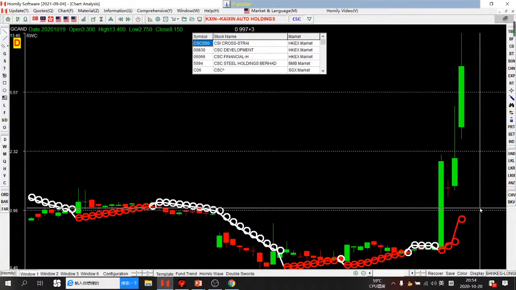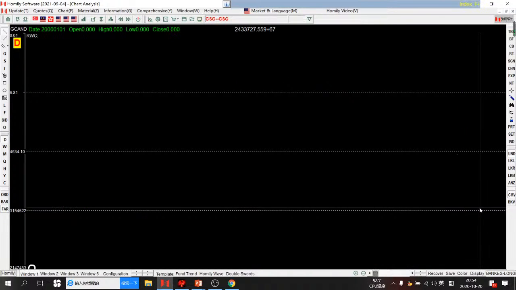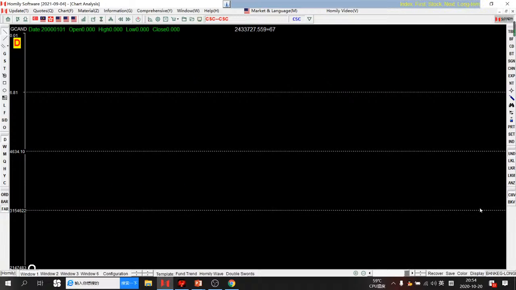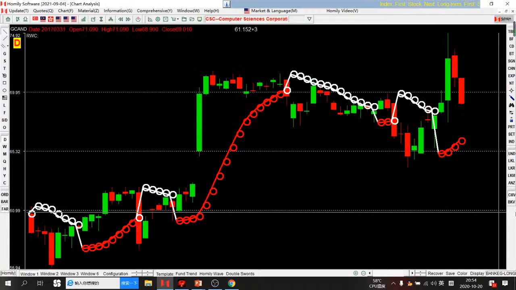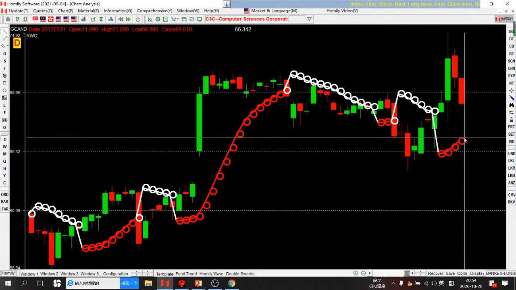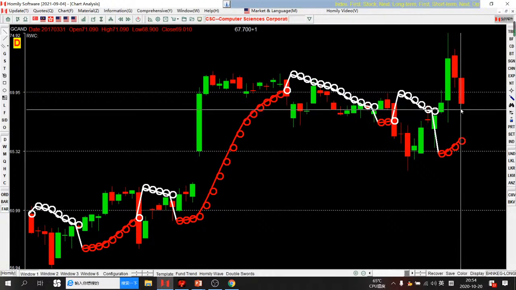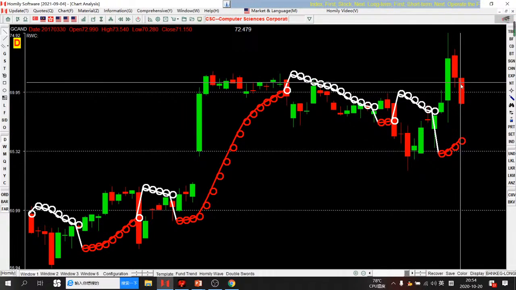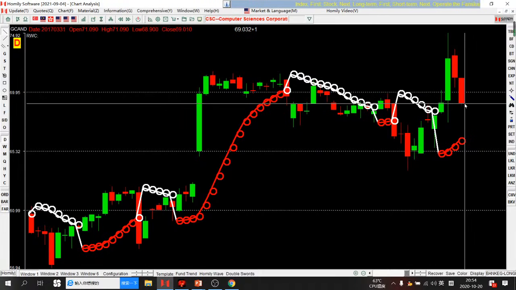CSC, what is CSC? CXC, New York Stock Exchange. All right, CSC now is red circle. But we can see the last 2 days it went down a lot.